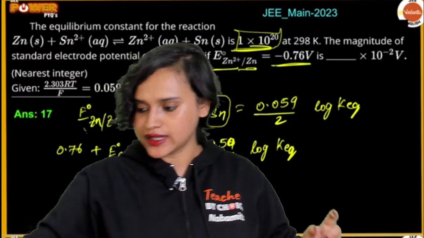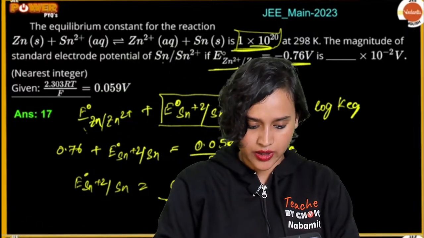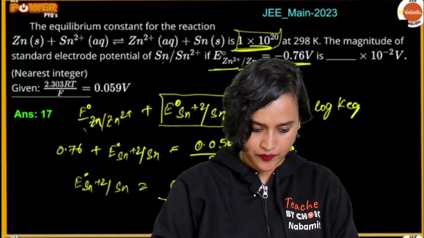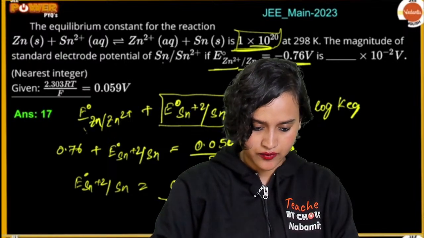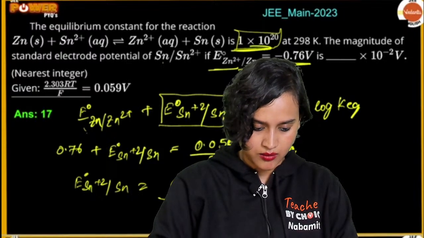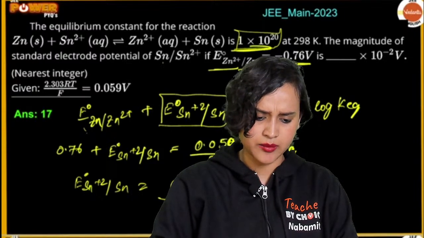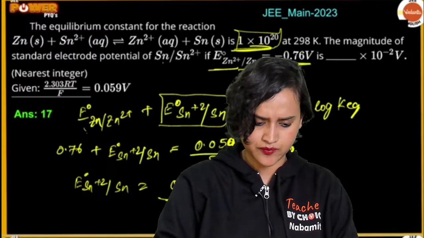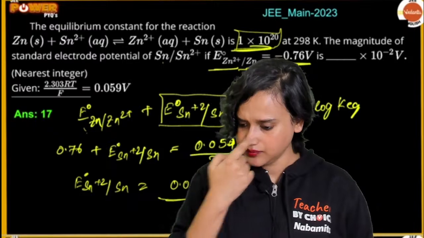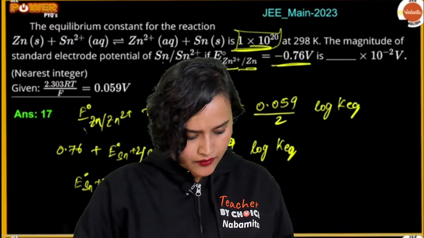Wait a second. That's not how we are going to do it. 0.59 divided by 2 is this, multiplied with 20. No, it's coming as 0.59 only. We have made some mistake somewhere.